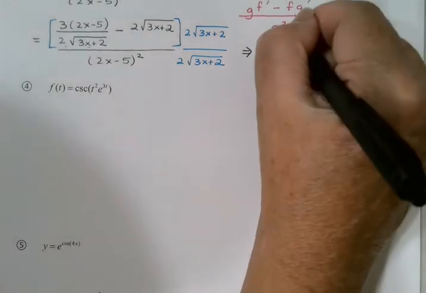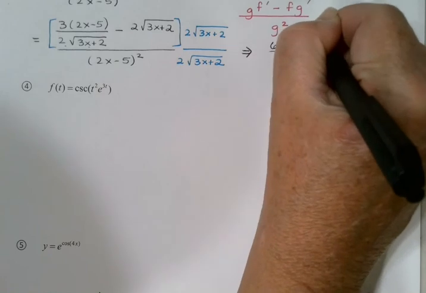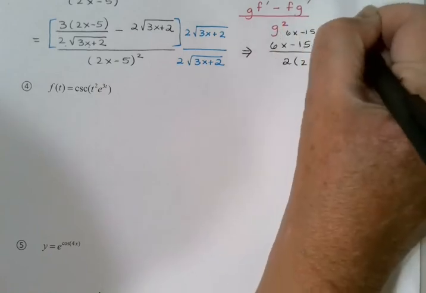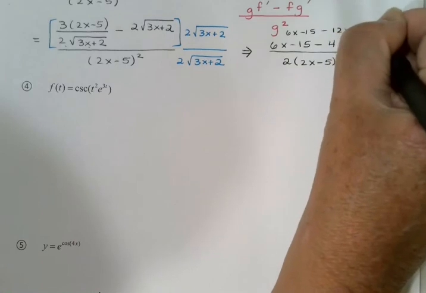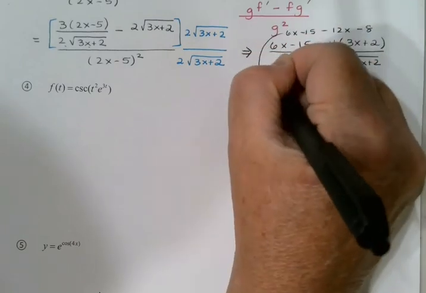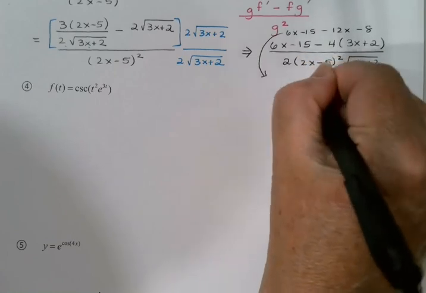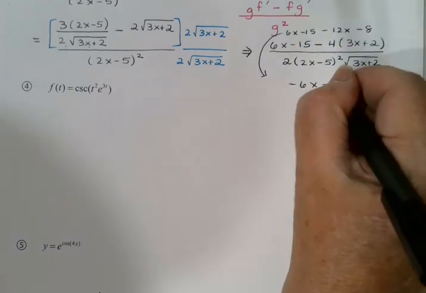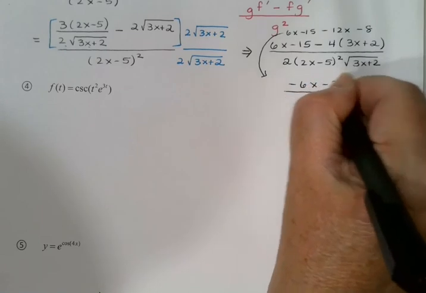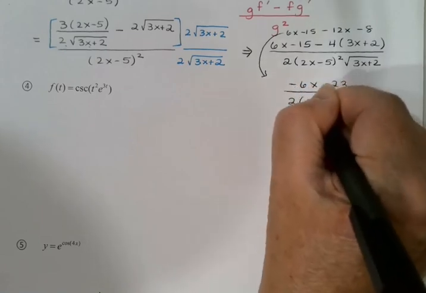So what have I really got up here? 6x minus 15 minus 12x minus 8 would give me negative 6x minus 23 over that whole denominator.